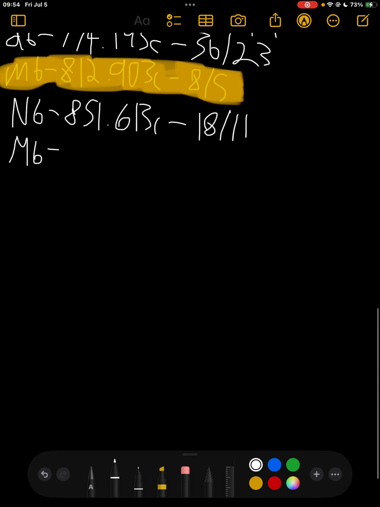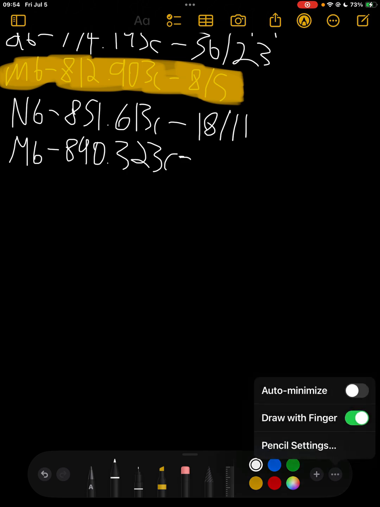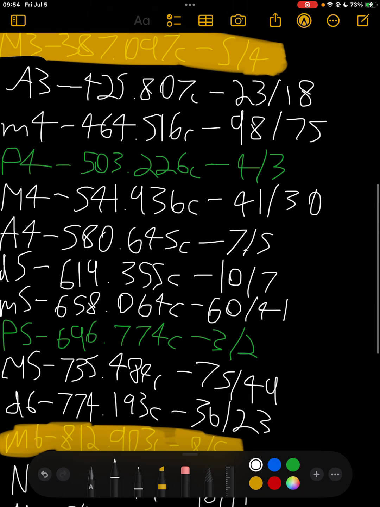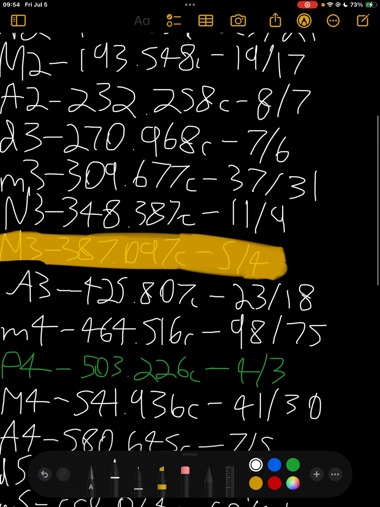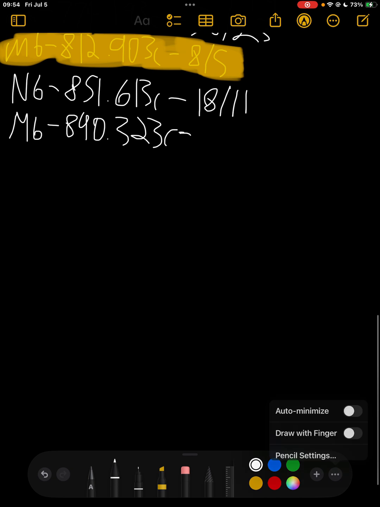So on 23 steps here, that's useful. So we have 890.323 cents. Let's see, which ratio did we end up using there? So we're gonna have 62-to-37.